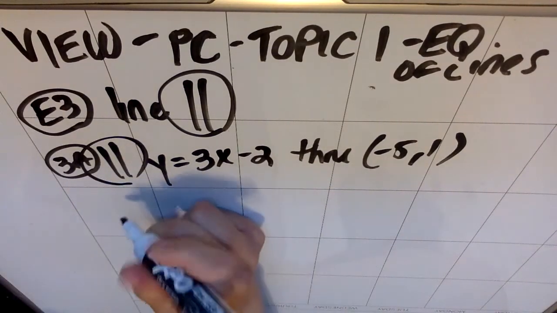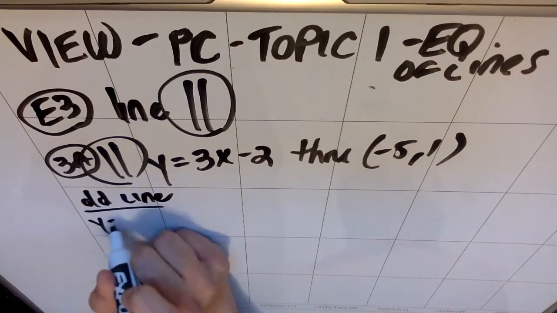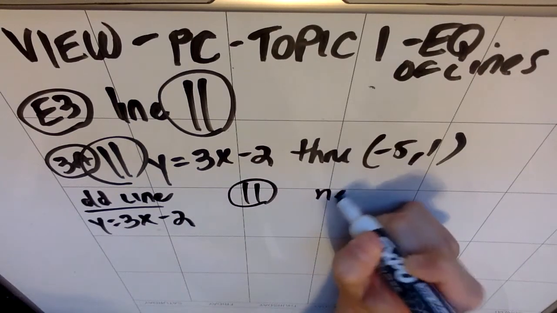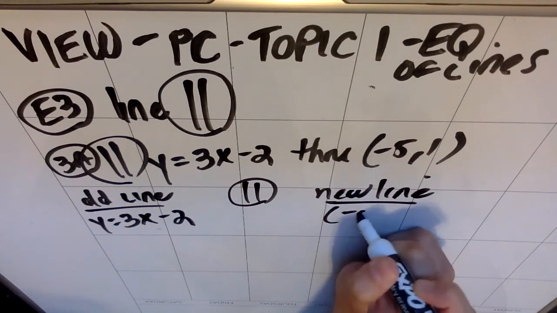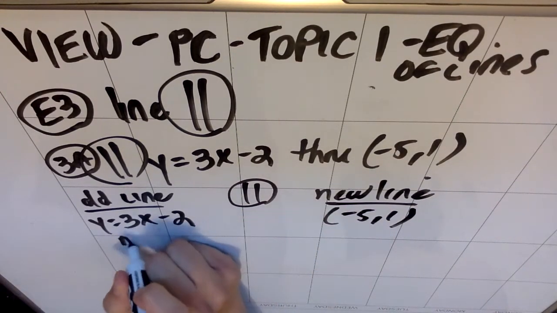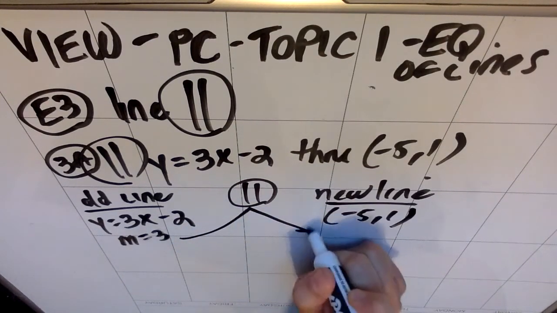So let's walk through this logically. We have this old line that we're given, y equals 3x minus 2, and that's parallel to some new line, and the only information that we know about the new line is that it goes through the point (-5, 1), and that it's parallel to the old line. So the slope of the old line is 3, because this is already in slope-intercept form.